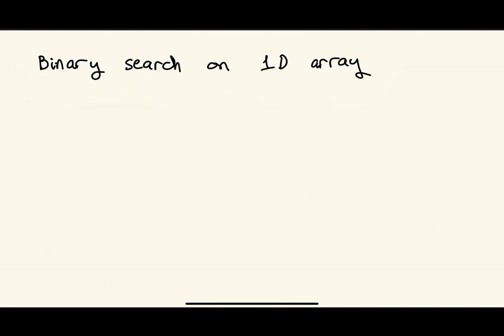So before getting back to the problem, I'm going to revise a little bit about binary search. Binary search on a 1D array. The requirement for doing a binary search on an array is that the array has to be sorted. So, for example, I have an array of these values: 1, 2, 3, 6, 5.